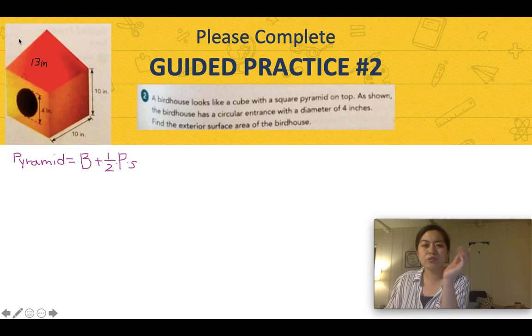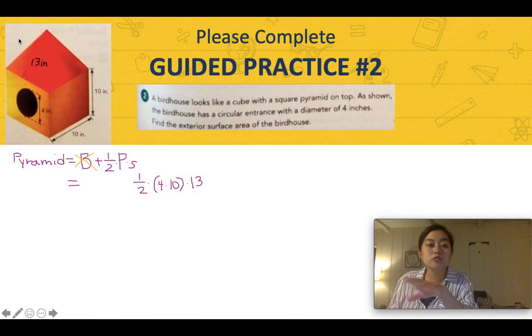But when I look at that pyramid, does the base count as a surface area in that birdhouse? The base doesn't count, right? It's not included in the surface area of that birdhouse. So that's why I put an orange X on the B for the base.